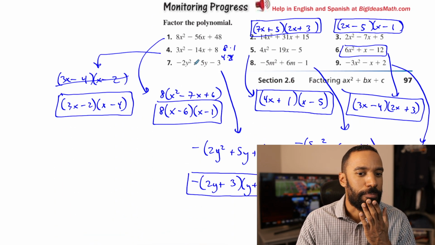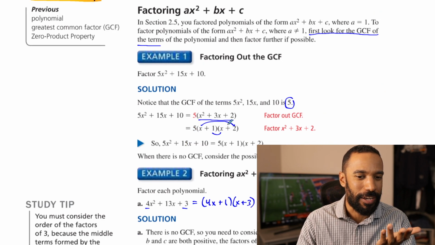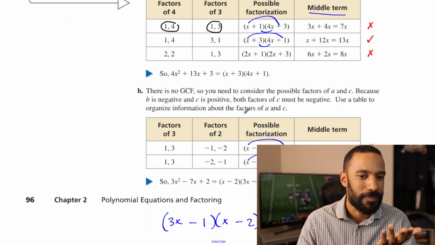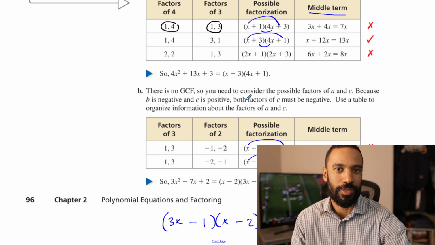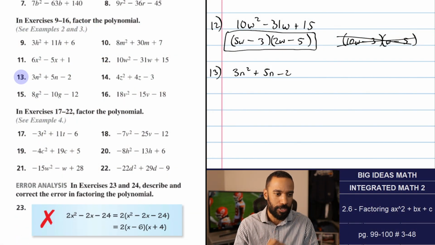Or did they not give problems that had the GCF possibility? Okay, they didn't give problems that had the GCF. So they throw you into the mix by saying, we're not going to give you the examples so we talk about it. It's the book being the book. Books do that kind of thing.